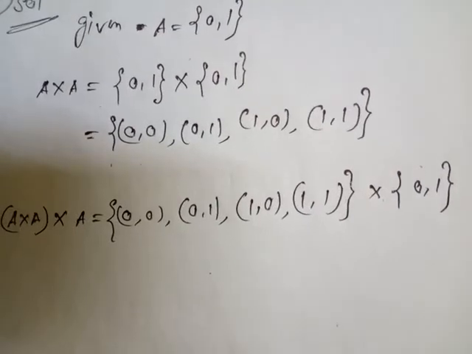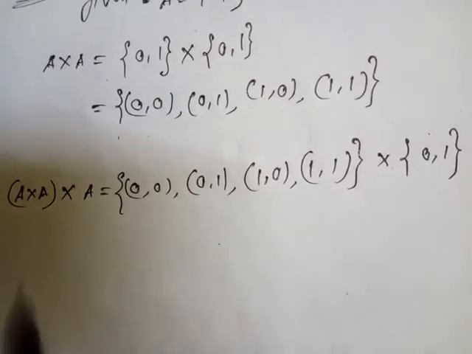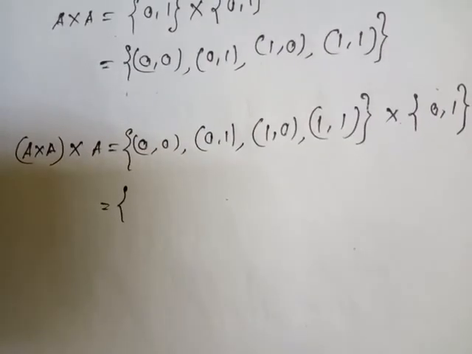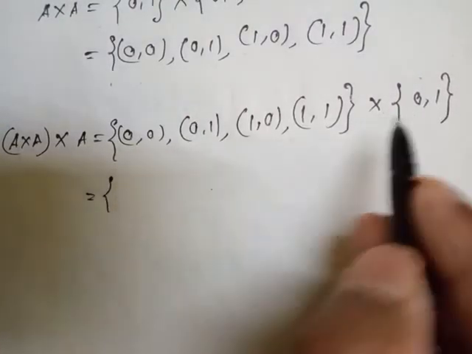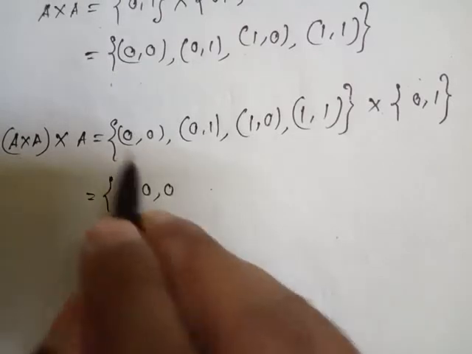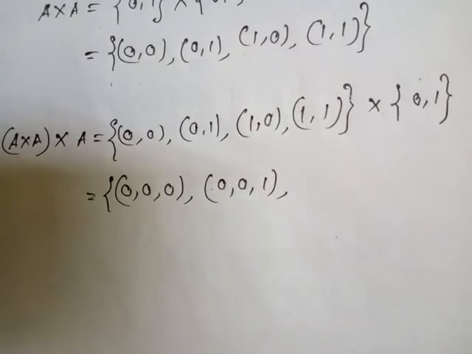Let's have a look now how to solve this. Now 0 comma 0 comma 0, the first one, and next one is 0 comma 0 comma 1.